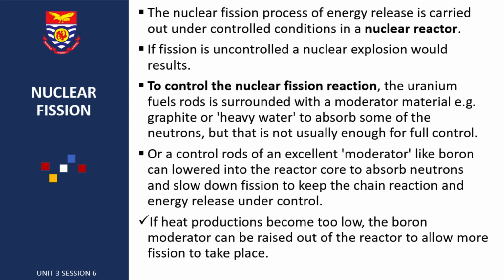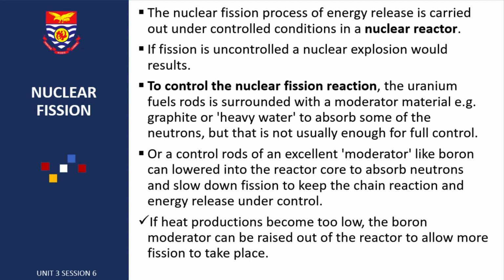We cannot completely control the nuclear reaction by surrounding the fuel rod with the moderator materials. Another way we can also control the nuclear reaction is by using excellent moderators like boron.